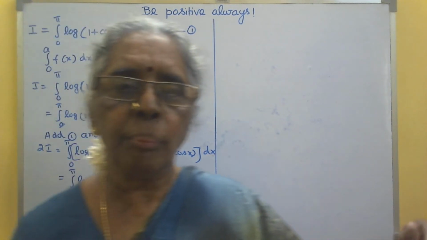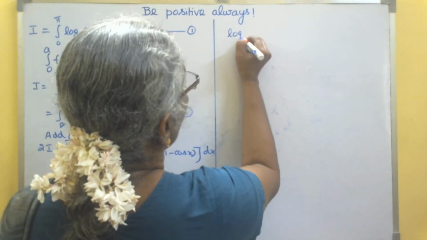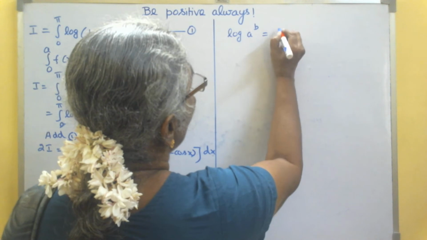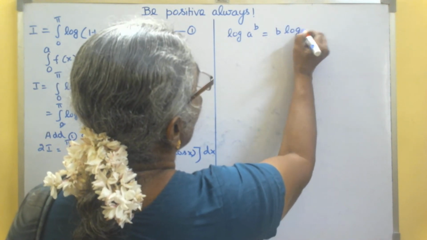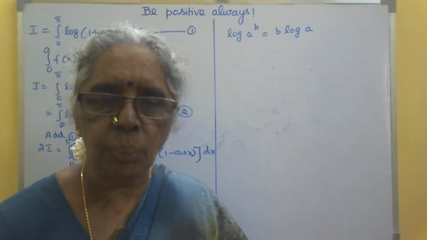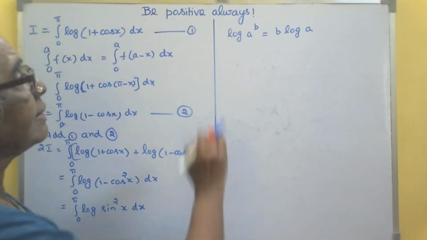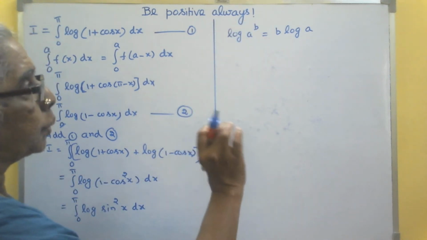Now I am going to make use of another log rule, that is log a power b is equal to b log a. Here you have sin squared x. What is that actually? It is sin x the whole square. So a is sin x and b is that 2, the square.